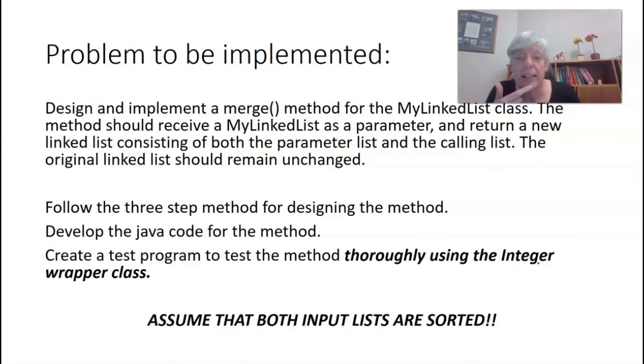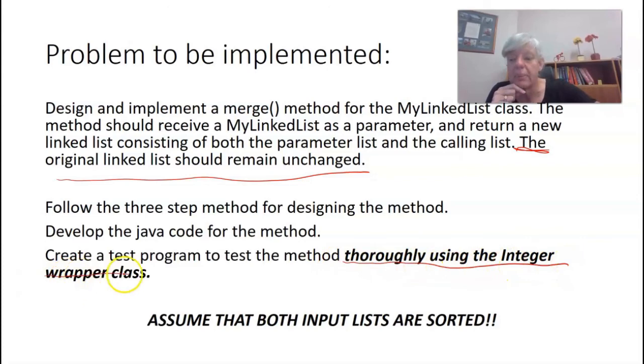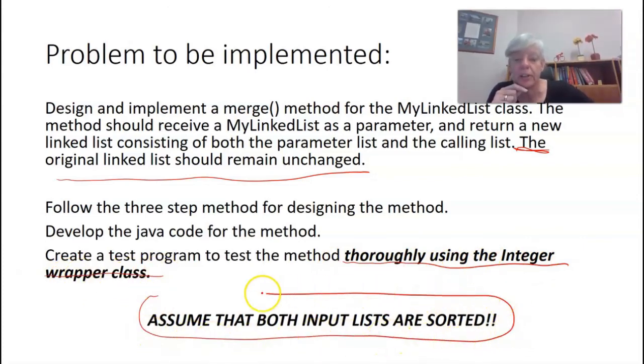The original lists must remain unchanged. Follow the 3 steps and test your program using a wrapper class. Assume both lists are sorted, because in merging we assume both lists are sorted.